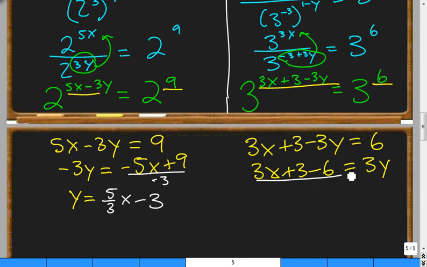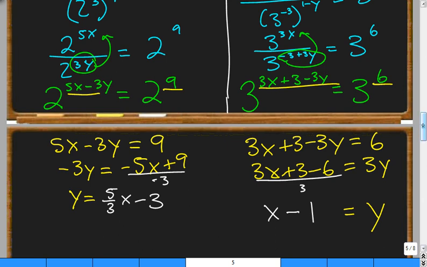So when I divide by 3 on both sides, I'm going to get y equals the 3x divided by 3, which is going to make a single x. And then the plus 3 minus 6, well, you could think of it this way. This positive 3 over 3 is 1, and negative 6 over 3 is negative 2. So that would combine to make a minus 1.